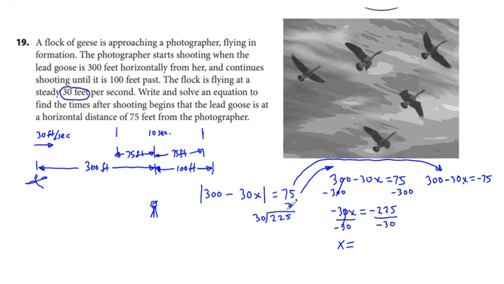Yeah, that's right. And 7 times 30 is 210. And then we bring down 15. And then we bring down this 0 here. So how many times does 30 go into 150? Well, it'll go in 5 times. And then we multiply through, we get 150. So we get our remainder of 0.